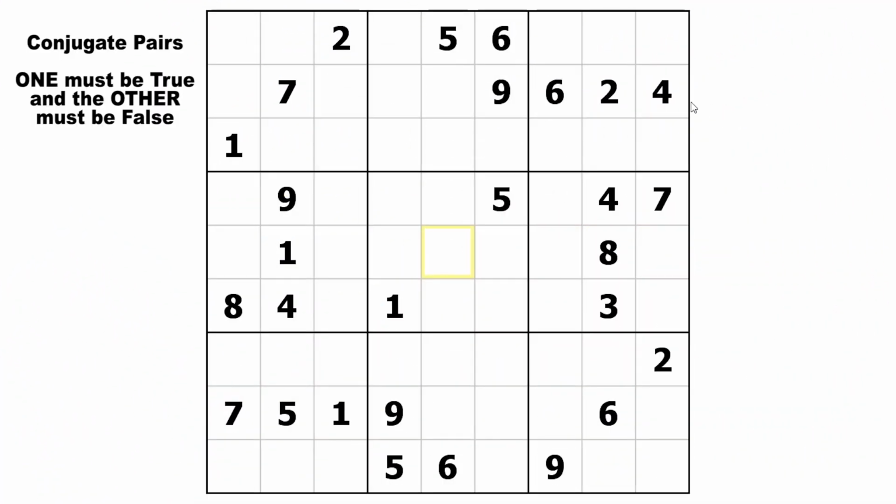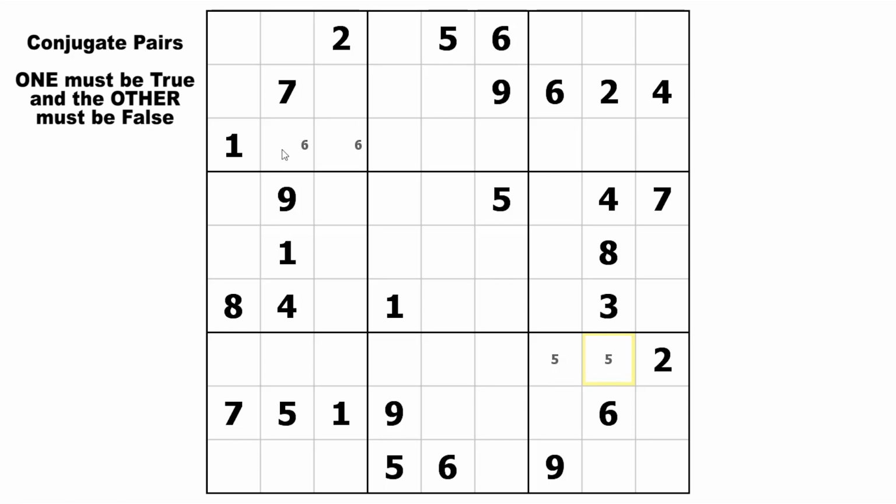Like here in this diagram, we see there is a 6 in row 1 and there is a 6 in row 2, and the 1 is blocking this cell in row 3, so we know one of these 2 cells must contain a 6. And down here there's a 5 in row 8 and there is a 5 in row 9, and this 2 is blocking this cell in row 7. So these 2 cells are the only 2 cells in that block, and in that row for that matter, that can contain a 5, and we can enter those 2 candidate 5s in those 2 cells.